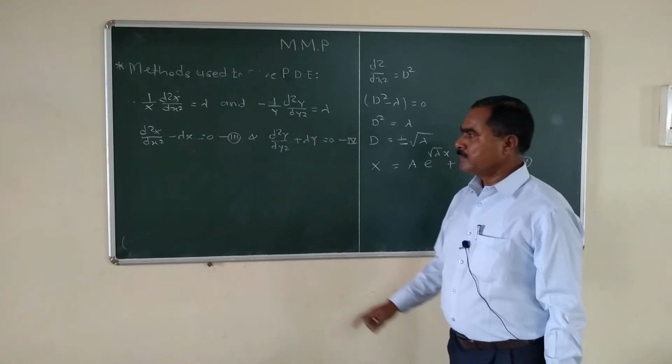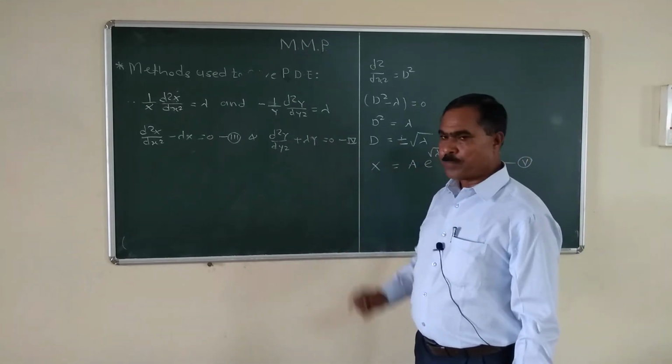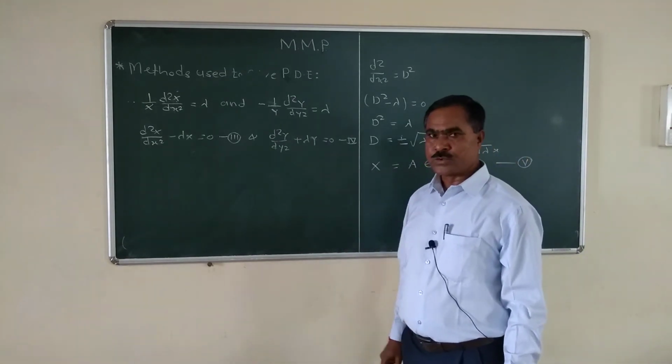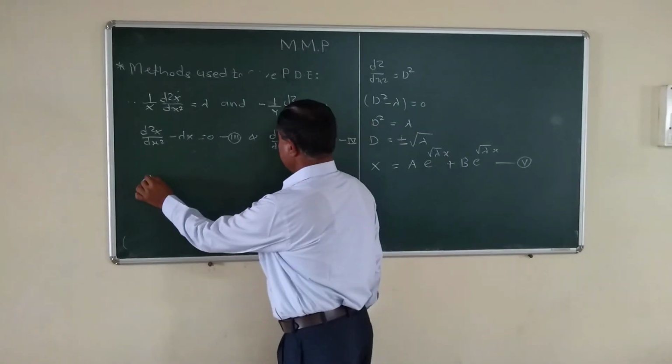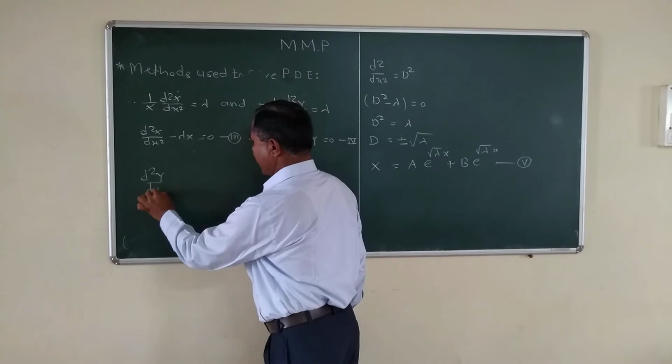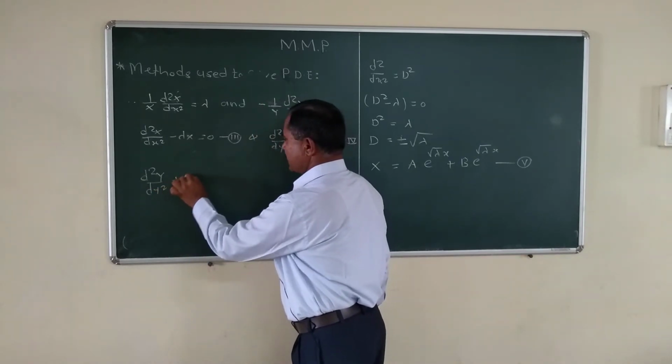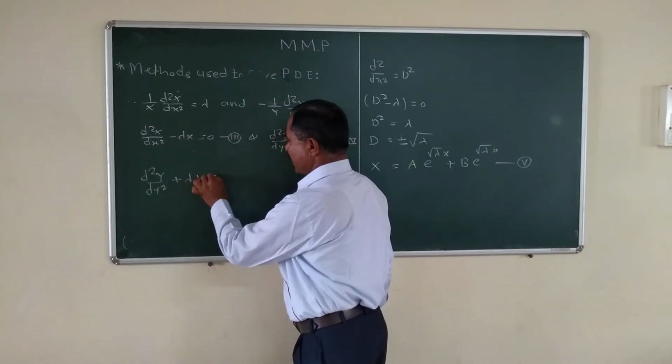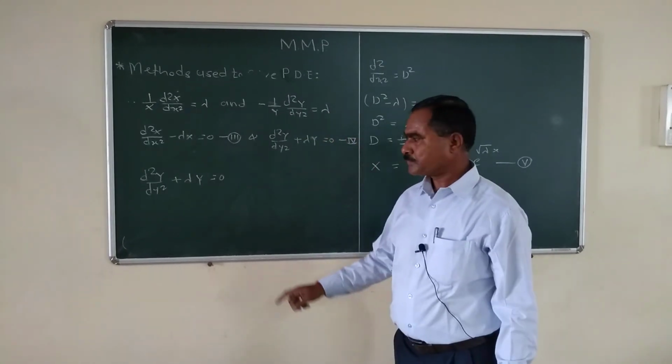Then we take equation number 4 to obtain the solution. So d2Y by dy square plus lambda Y equal to 0.